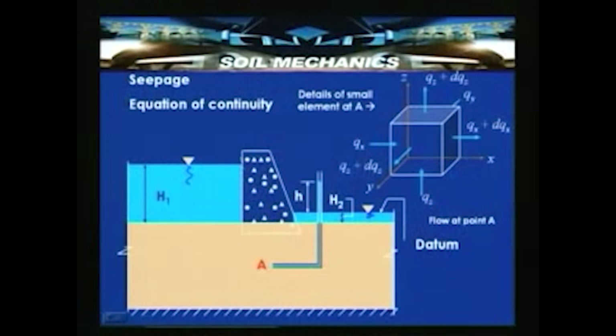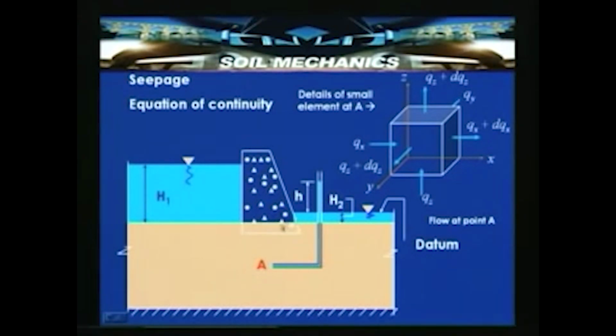Now, let us look into this equation of continuity. Let us assume that you have a dam retained by a masonry pier, constructed with, say, a concrete weir, having a head of water H1 on the upstream side and H2 on the downstream side, and it is embedded in a sandy or saturated soil.